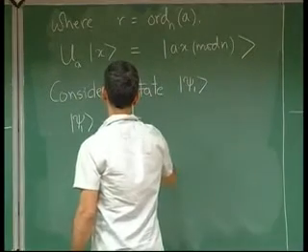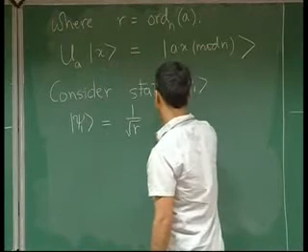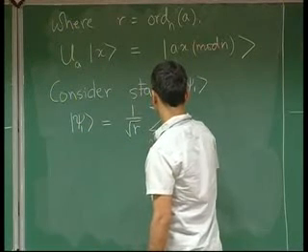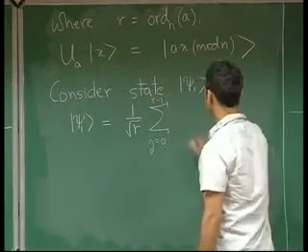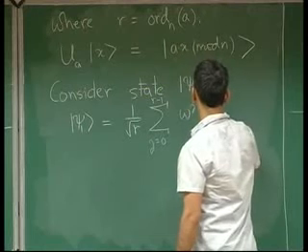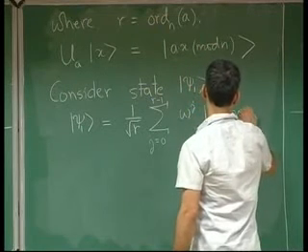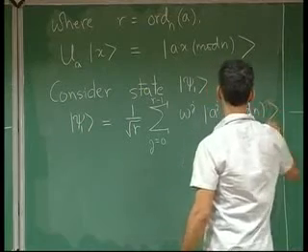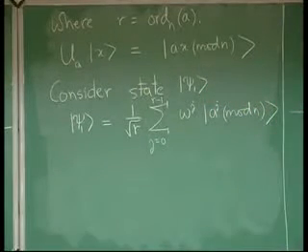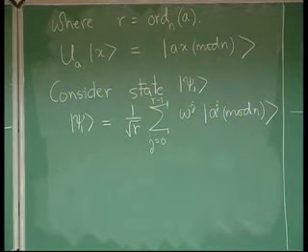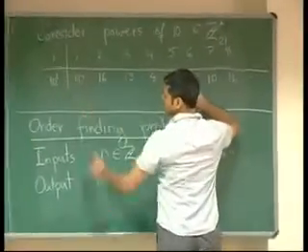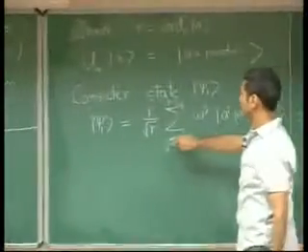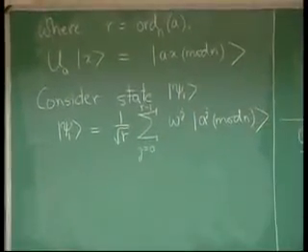So let's look at the state, which is an equal superposition over j going from 0 to r minus 1 of omega to the j times a to the j mod n. If you look at all the powers of A between 1 and its order, the first R minus 1 powers, they are all distinct numbers, so that this is an equal superposition of these powers of A.